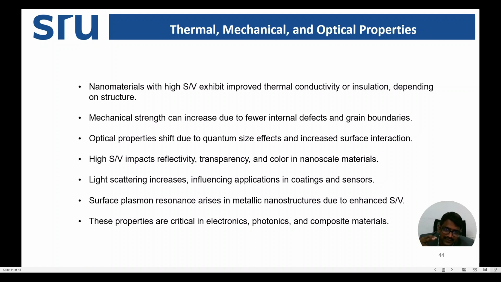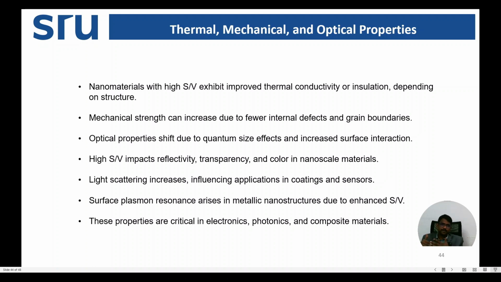And also within nano size, if you change the size from 8 nanometers to 6 nanometers to 4 nanometers to 2 nanometers, even in that case the optical properties will change, not just from bulk to micro to nano.